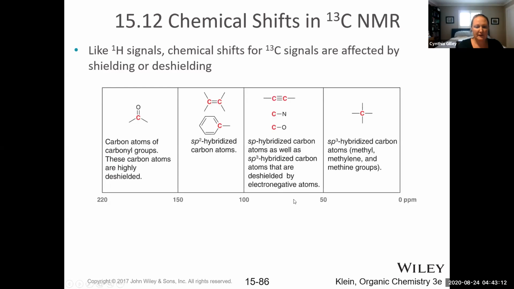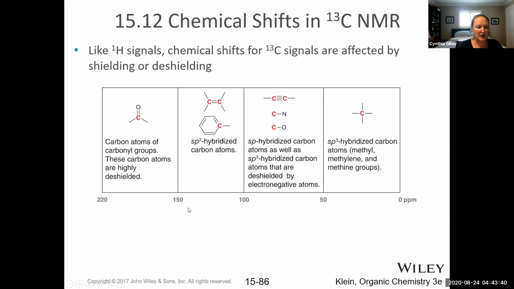From the region of 50 to 100, that's where we're going to find sp3 hybridized carbons bonded to an electronegative atom, such as nitrogen or oxygen, right? Remember that nitrogen or oxygen being electronegative shifts signals downfield, and the same is true for the carbon-13 NMR. So it makes sense that they're a little more downfield. And then also sp hybridized carbons come in this region as well.